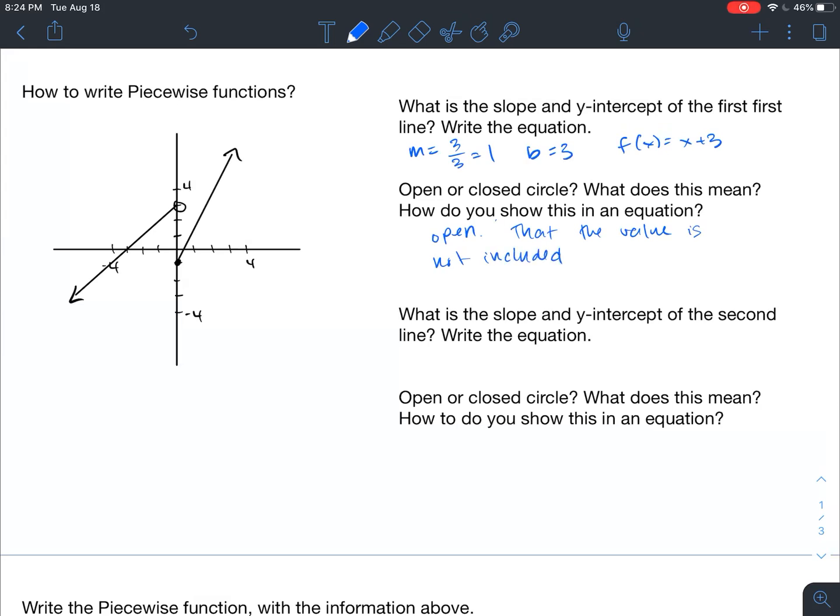When we write our piecewise function, how do we show this in an equation? We're going to show this as a less than, because our function exists for the negative numbers for this one right here, going less than, and we don't show equal to.